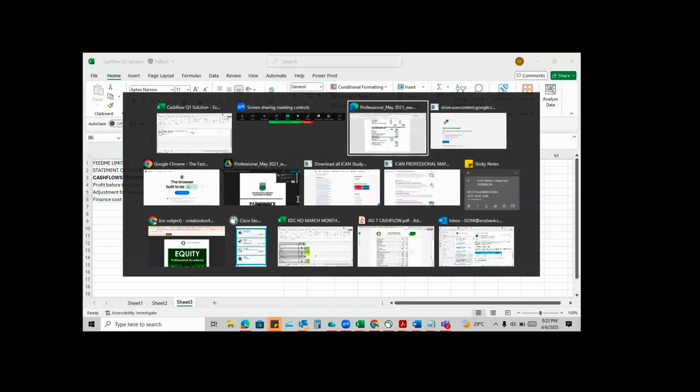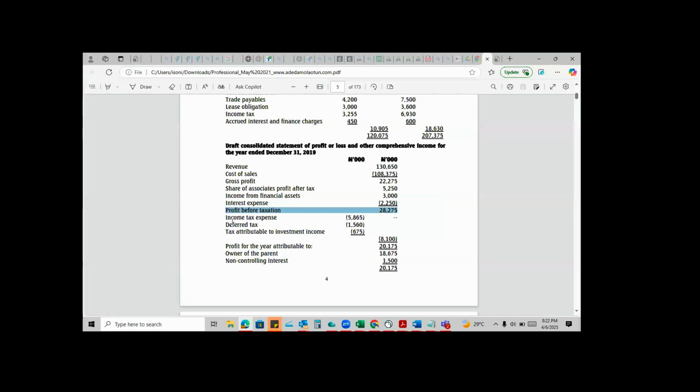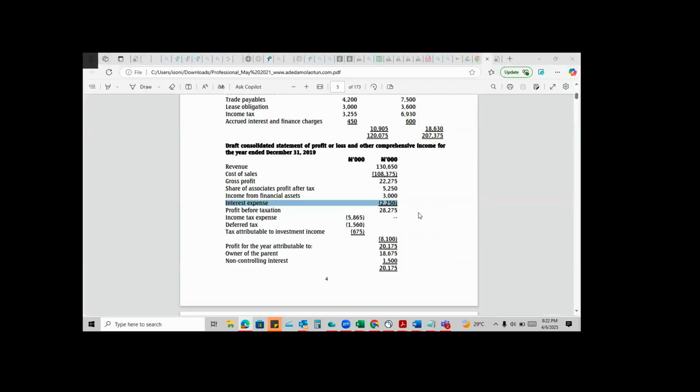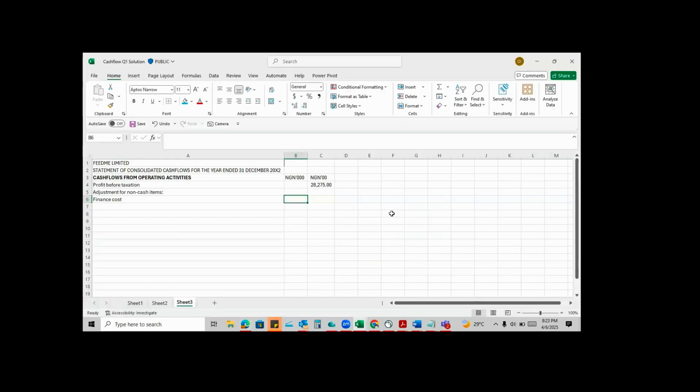All right. Let's look at the finance cost that we have here. Okay, yeah, good. They even call it interest expense explicitly. So we made a deduction of interest expense before we arrived at 28,275. So what will I do? I will add that back, 2,250 to be an add back.